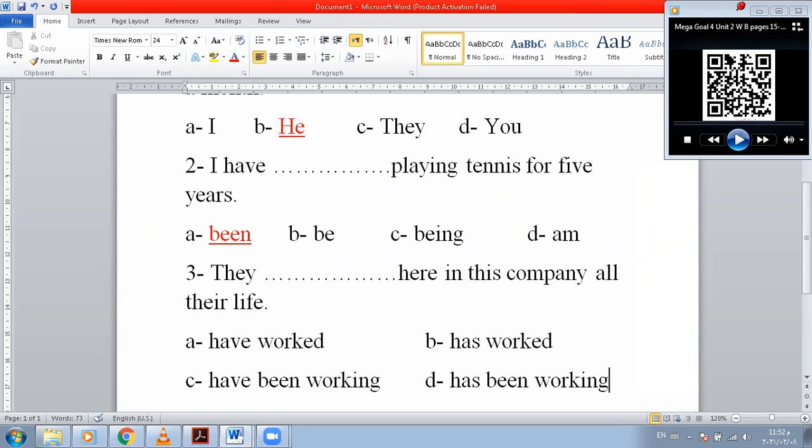I want a student to read this example or this sentence and give me the right answer for it.